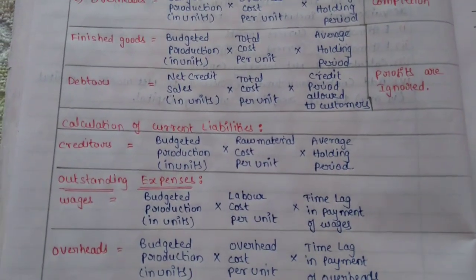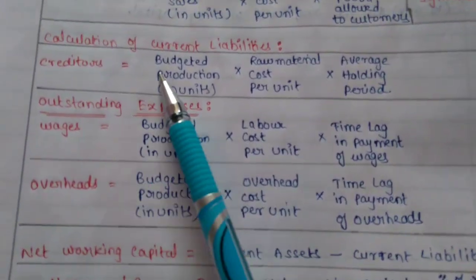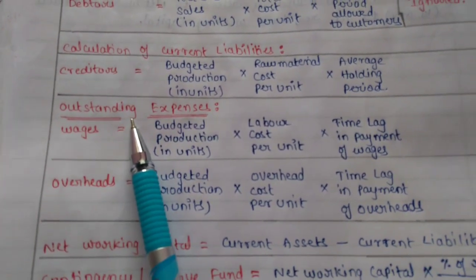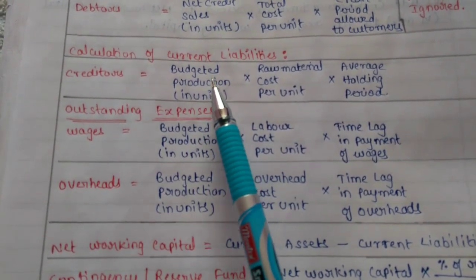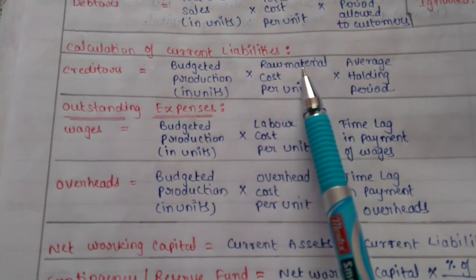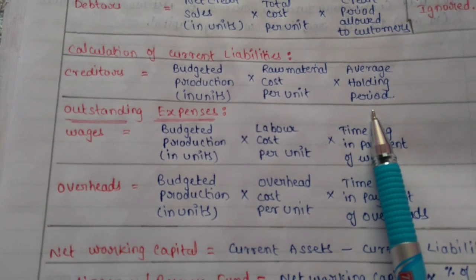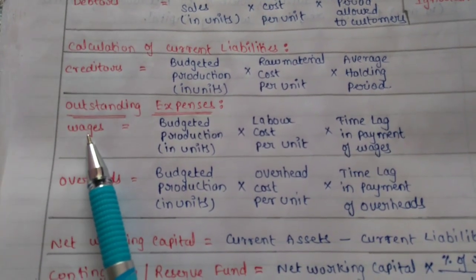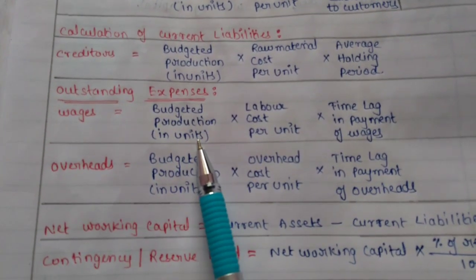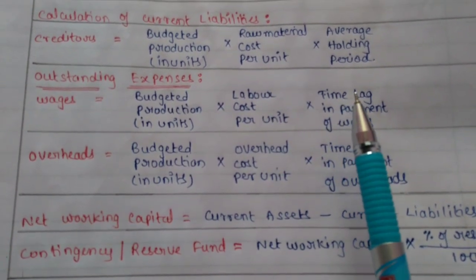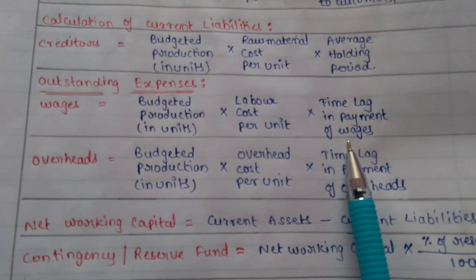And next, coming to calculation of current liabilities: creditors and outstanding expenses. Creditors: budgeted production in units into raw material cost per unit into average holding period. Next, wages: budgeted production in units into labor cost per unit into time lag in payment of wages.